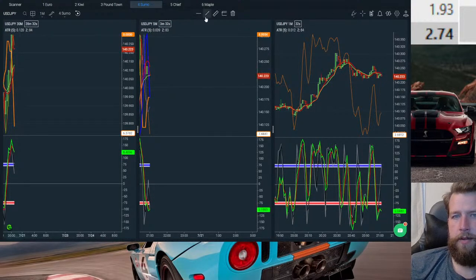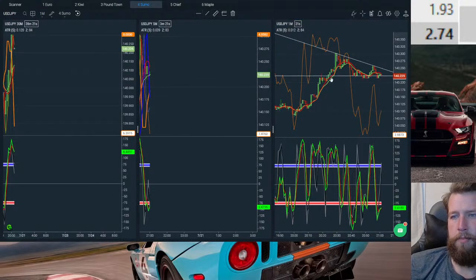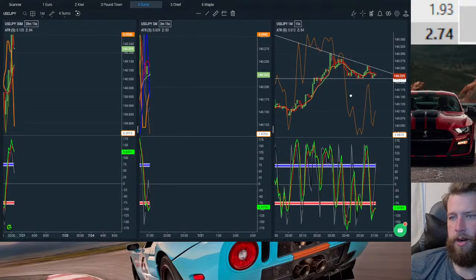If we're looking at patterns, we do have a pretty bearish looking flag here.